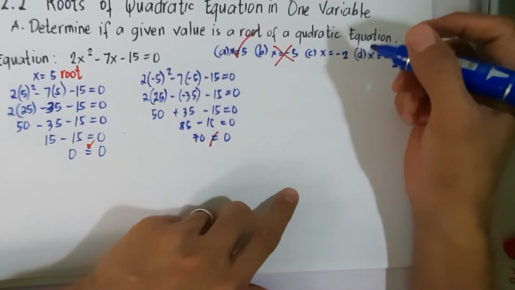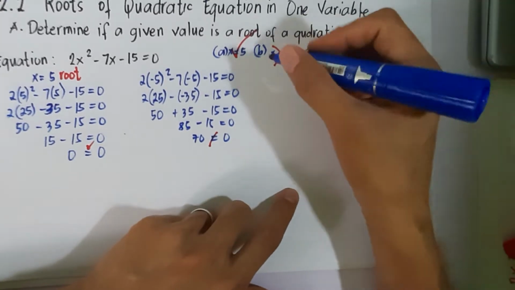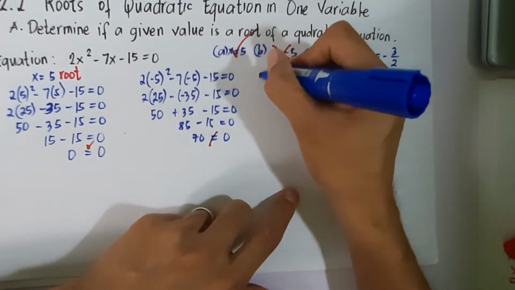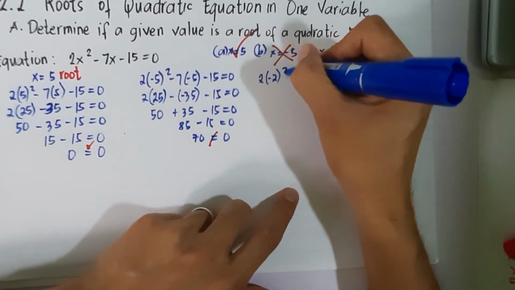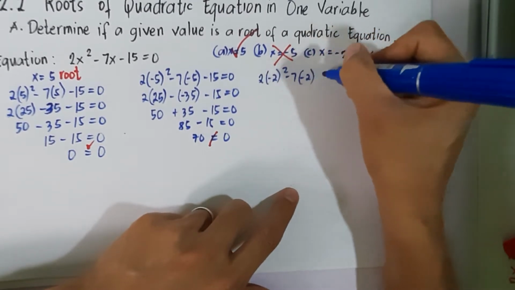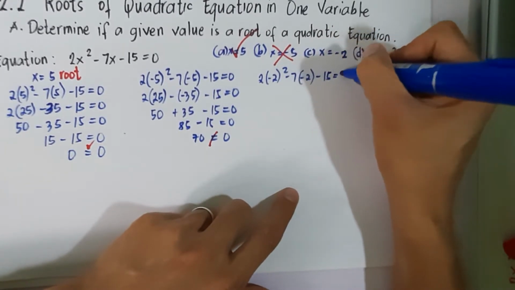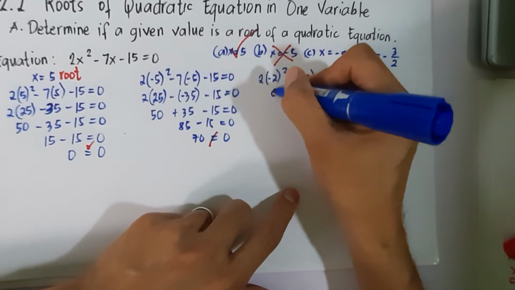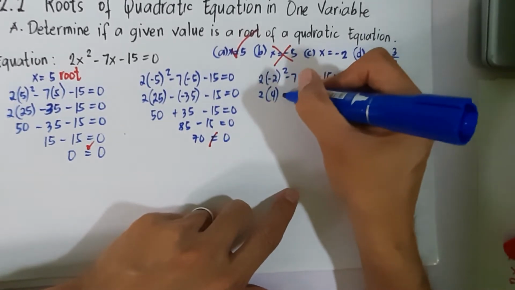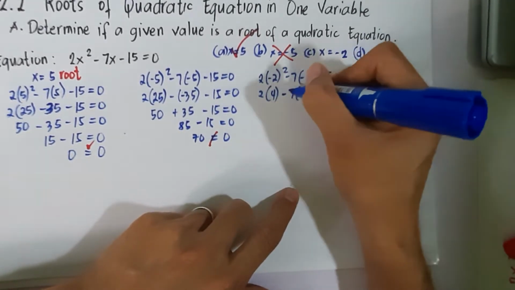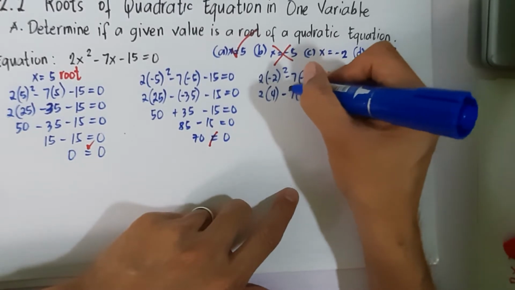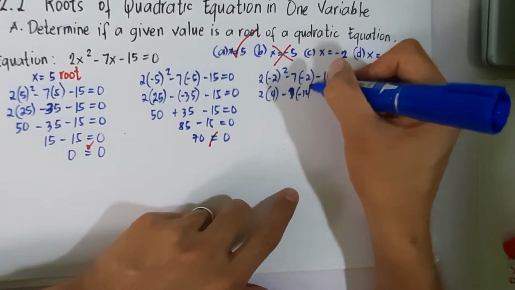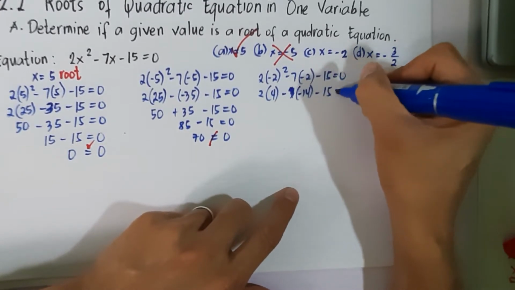If x equals negative 2, is negative 2 a root? So let's see. 2 times negative 2 squared minus 7 times negative 2 minus 15 is equal to 0. So negative 2 squared is 4, times 2, minus 7 times negative 2. Please let me write negative 14 here. Minus 15 is equal to 0.